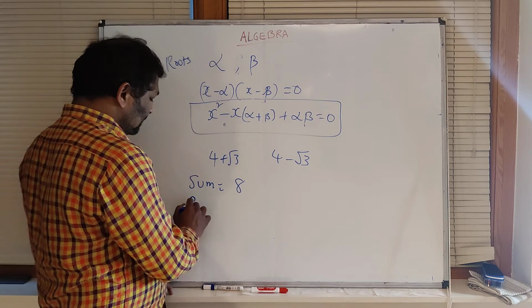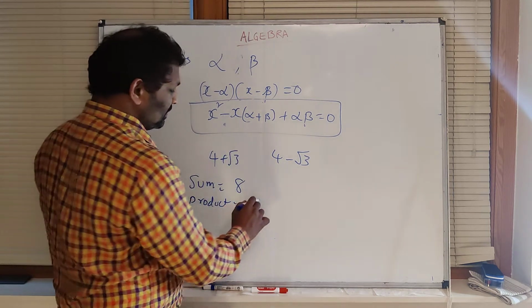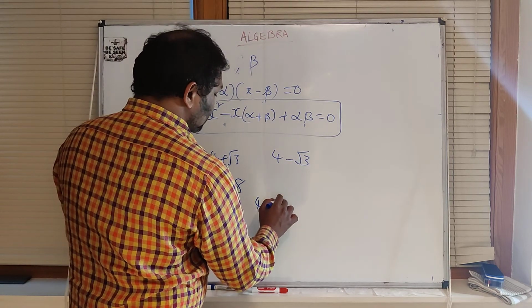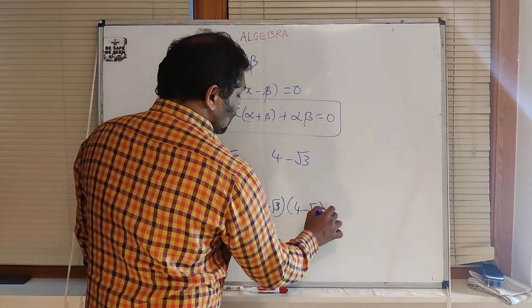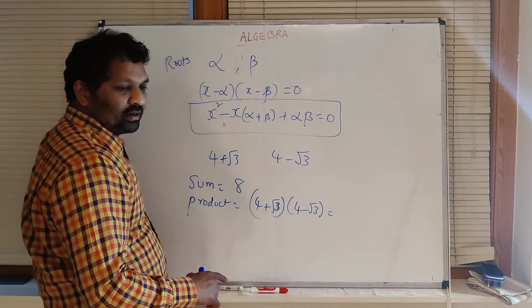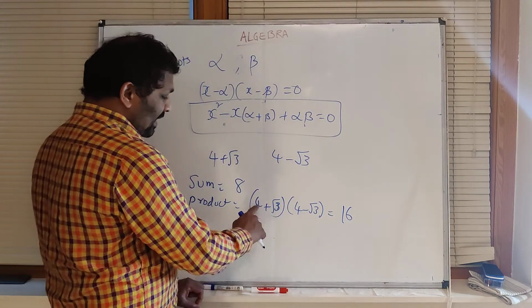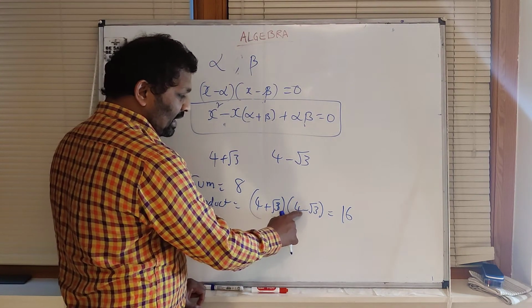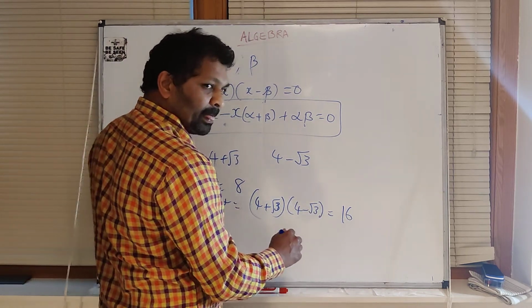What is the product? It is a plus b into a minus b, which is a square minus b square. What is a square here? a square is 4 into 4, which is 16.